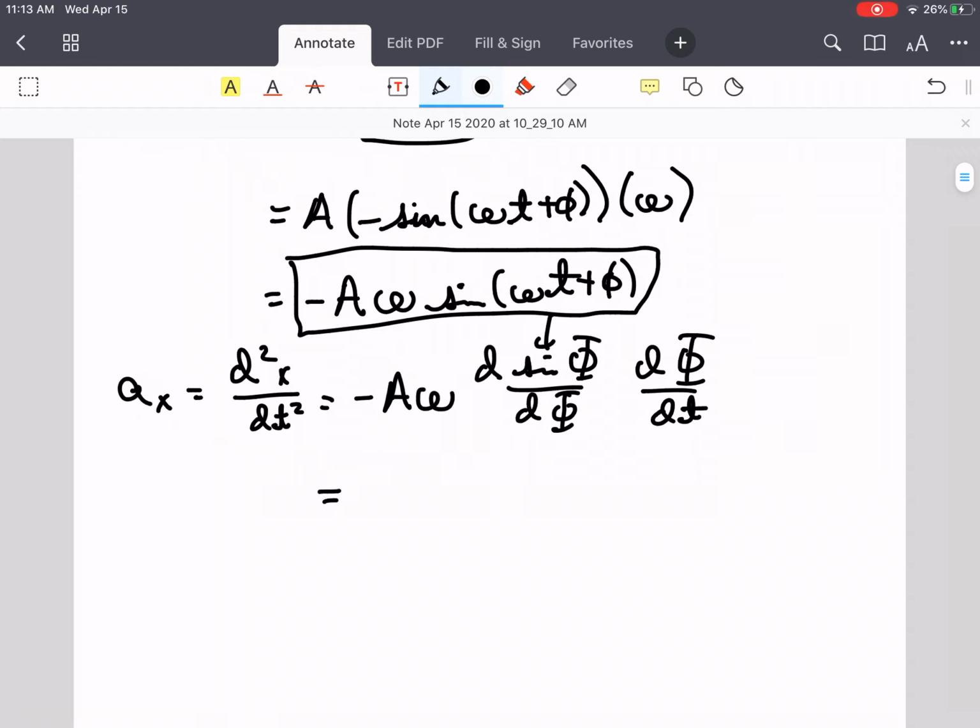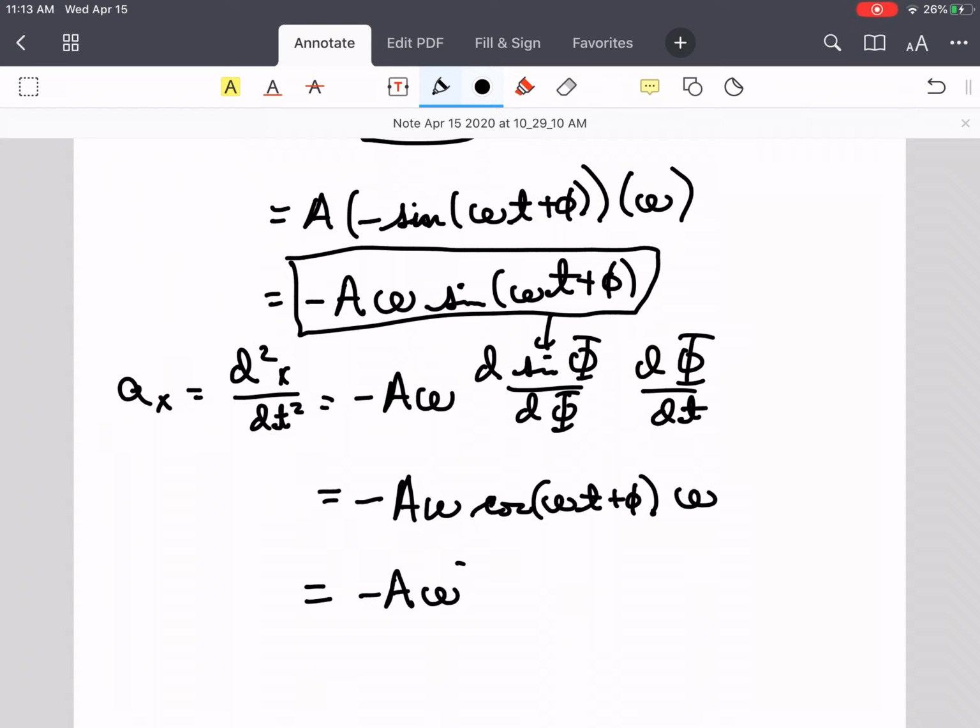The derivative of phi, again, is omega, so that's negative A omega cosine phi, which is omega t plus little phi, times omega. Or in other words, the acceleration is negative A omega squared times cosine of omega t plus phi. All right, so that's just from taking derivatives.